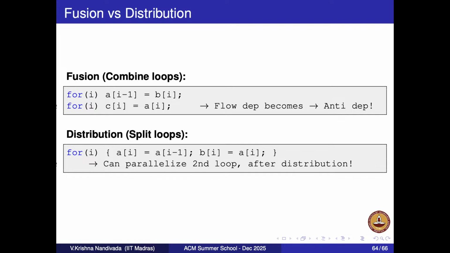Let's look at this code. A sub I equal to A sub I minus 1, B sub I equal to A sub I. Okay. I won't be able to parallelize this loop because of the dependencies. However, if I distribute the loop, distribution is okay, and then this can be vectorized after that or even parallelized.